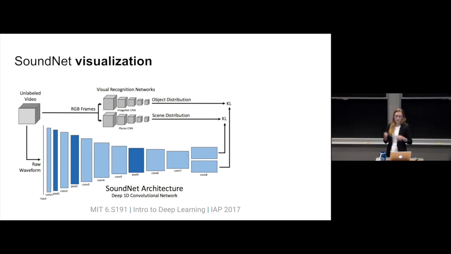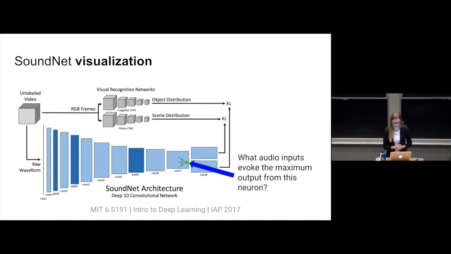So once we've trained this network, we can do some really cool visualizations. Or I guess it's not really visual because it's audio. But basically, you can imagine focusing in on one neuron. So let's say we've got this neuron in CONV7, the last hidden layer. And we're going to keep track of when this neuron is getting activated, so just when it's outputting a high number.